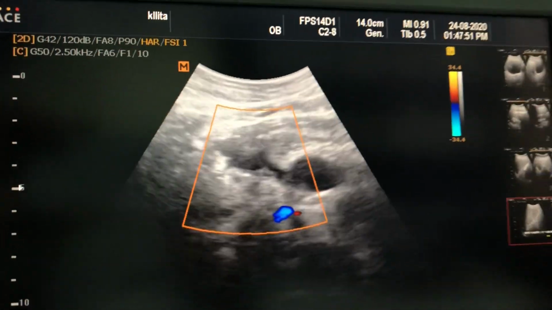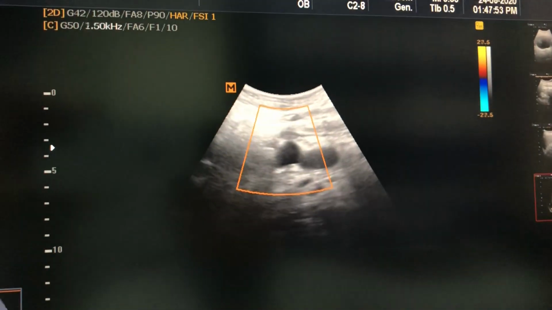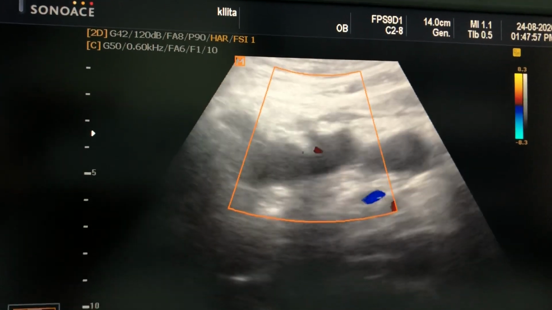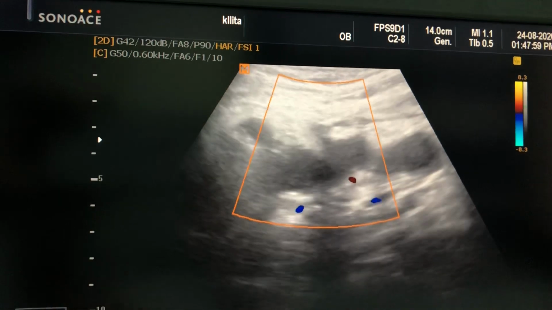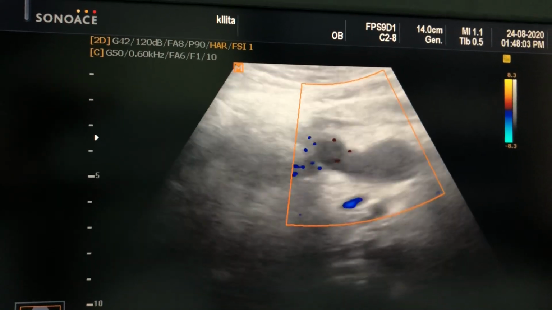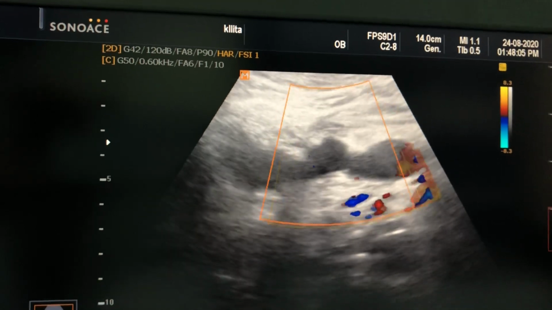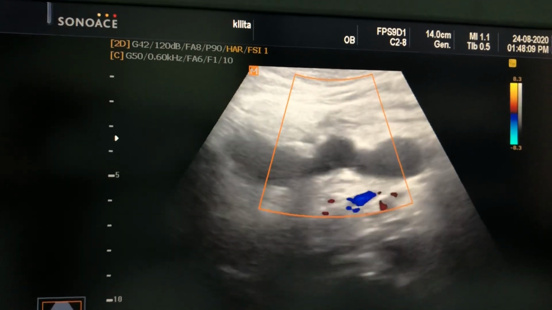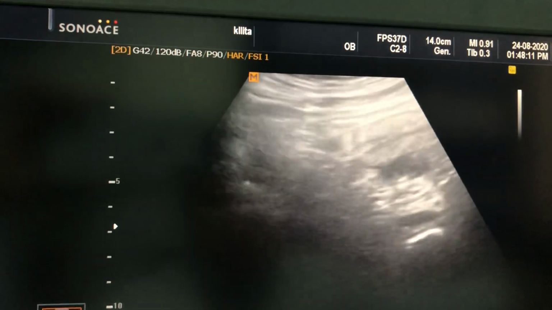It is not showing color flow. No color flow due to thrombosis.